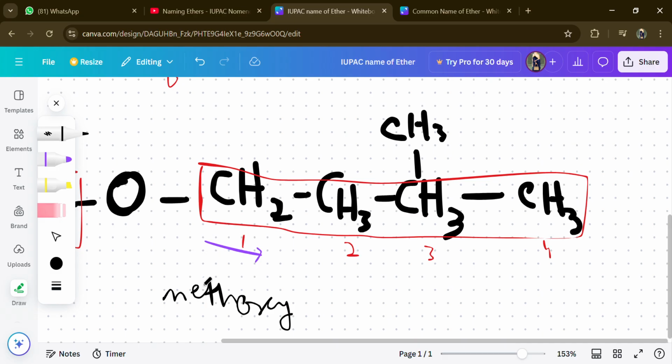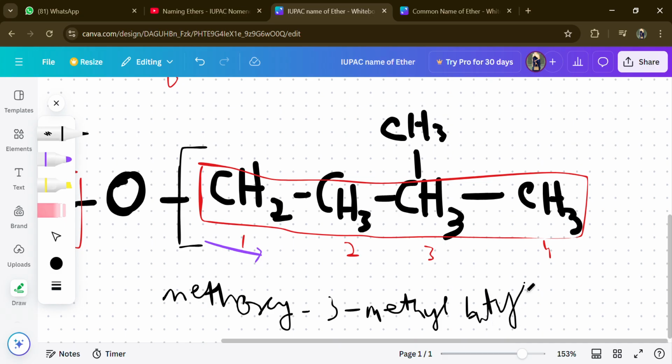Now one thing that you need to keep in mind, always give numbering from the side where the functional group is nearer. So it will be 1, 2, 3. So it will be 3. And what is this substituent? It's methyl. Then in total, it's butyl ether. So this is how you name it out.